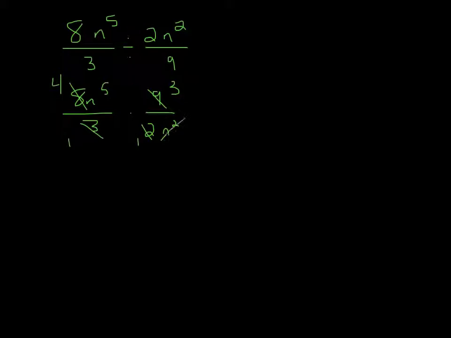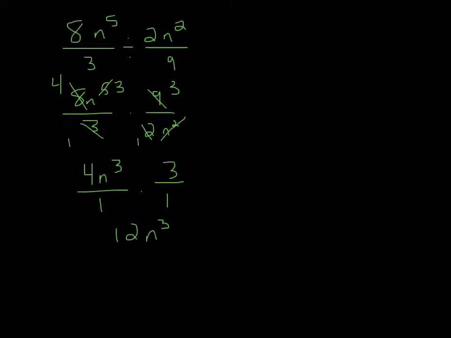And n to the 5th over n squared becomes n to the 3rd. So we have 4n to the 3rd over 1 times 3 over 1. So we end up with 12n to the 3rd. That's it. If you ever start getting messy like what we're doing right here, make sure you rewrite the problem and figure out where everything is, okay? You don't want to miss a problem on silly errors that you could have avoided if you'd just rewritten it.